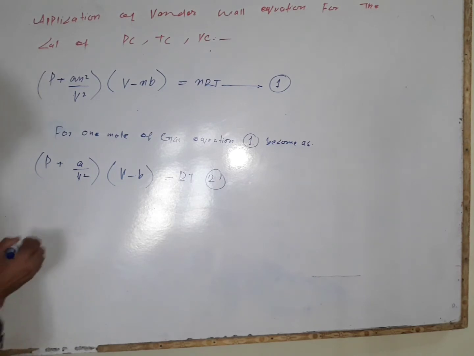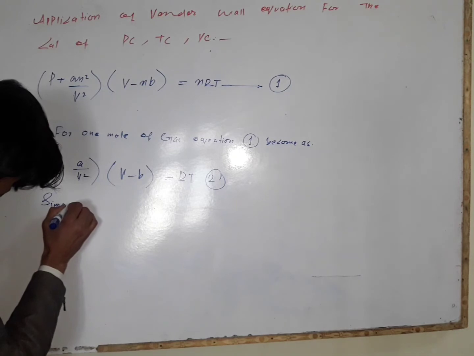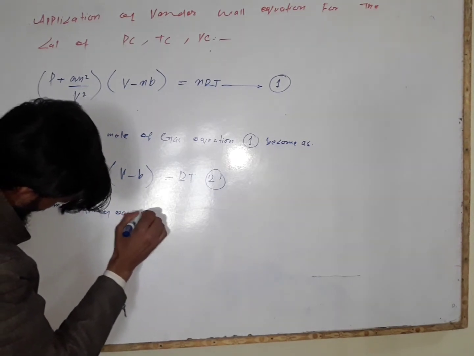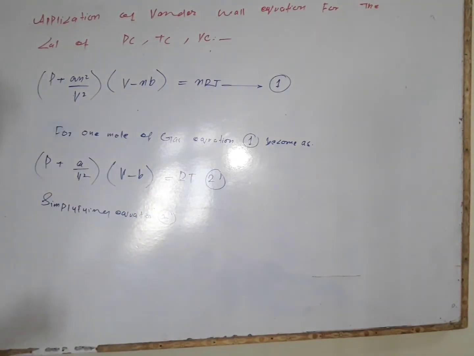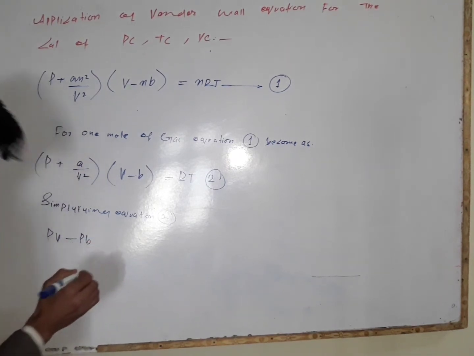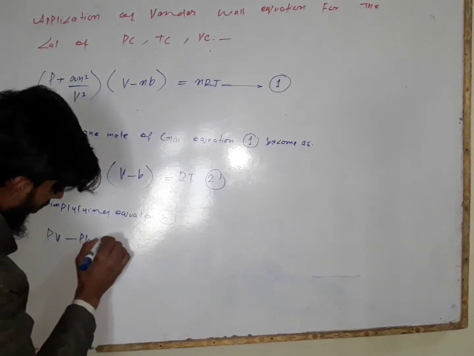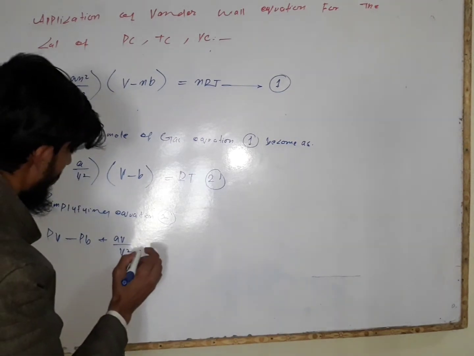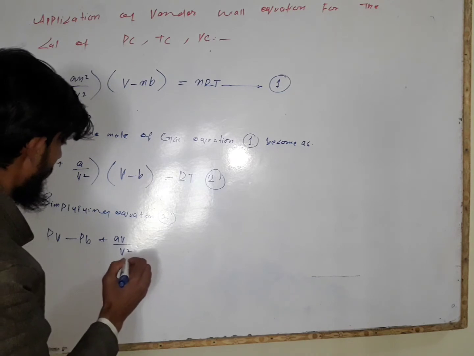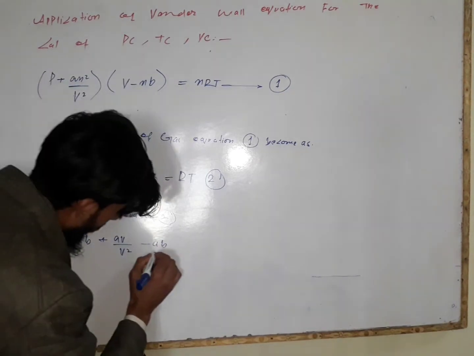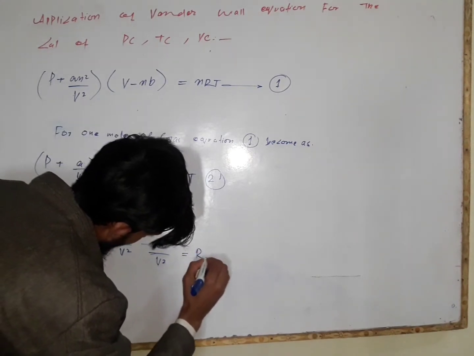Now simplify equation 2. By simplifying equation 2, we get PV minus Pb plus aV by V squared minus ab by V squared is equal to RT.